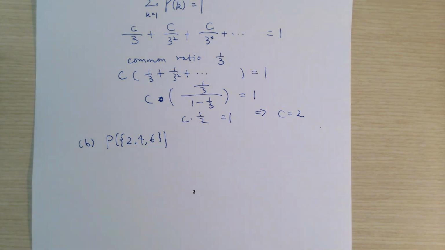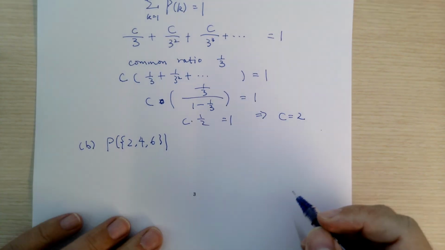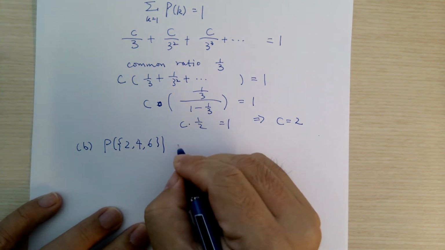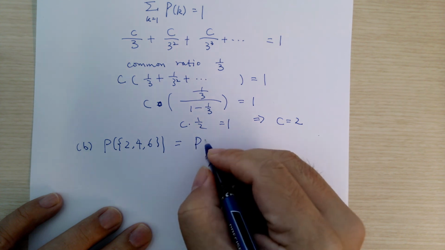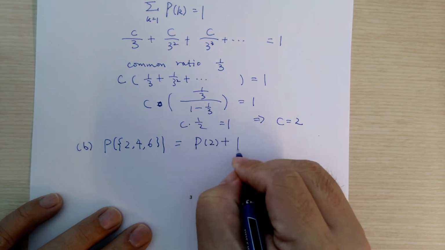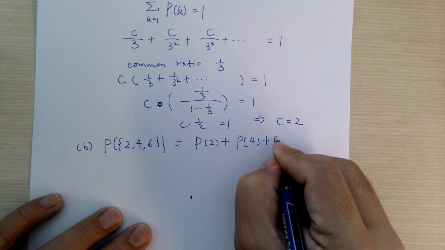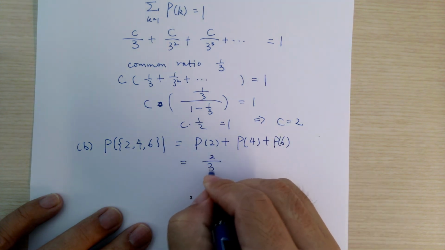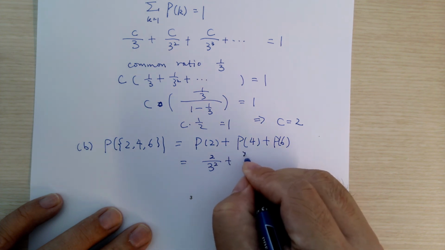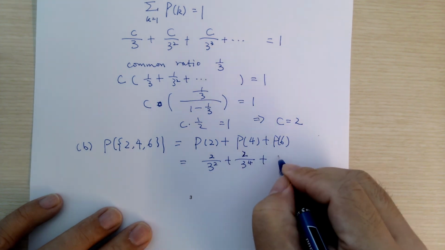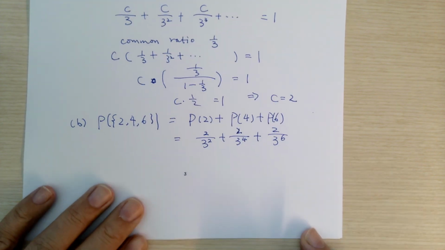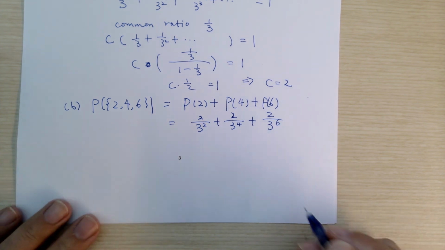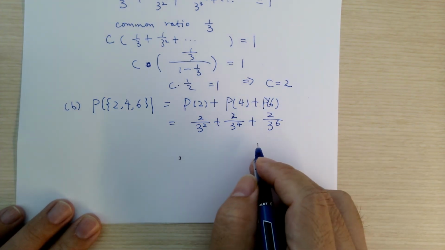Since those events are disjoint, in other words, 2 happening means 4 cannot happen, this is going to be P(2) plus P(4) plus P(6), which is 2 over 3 squared plus 2 over 3 to the power 4 plus 2 over 3 to the power 6, right? And yeah, you can write it like that. That's fine.